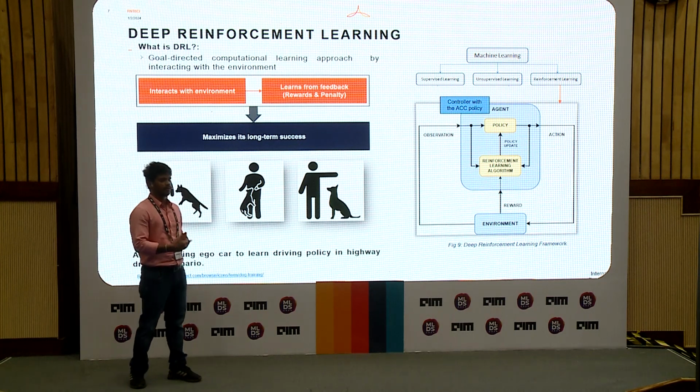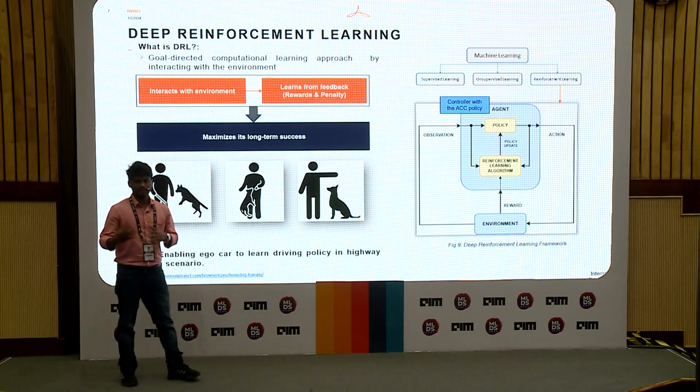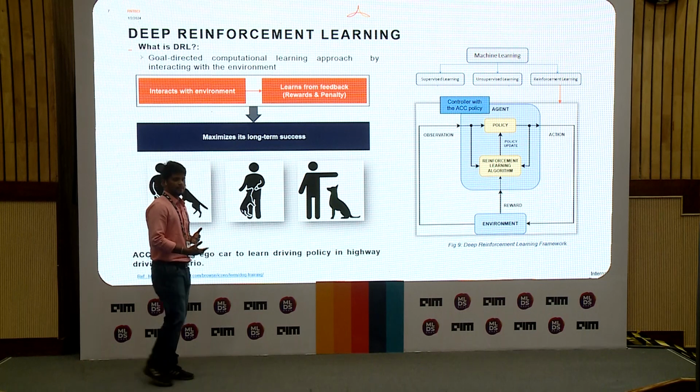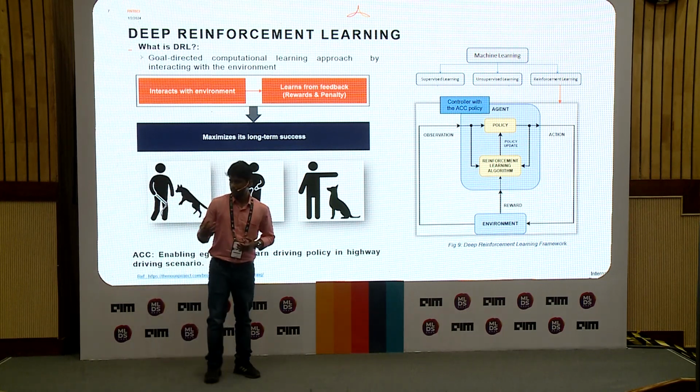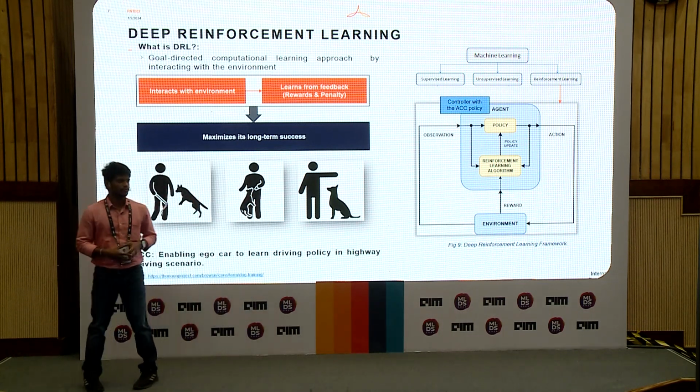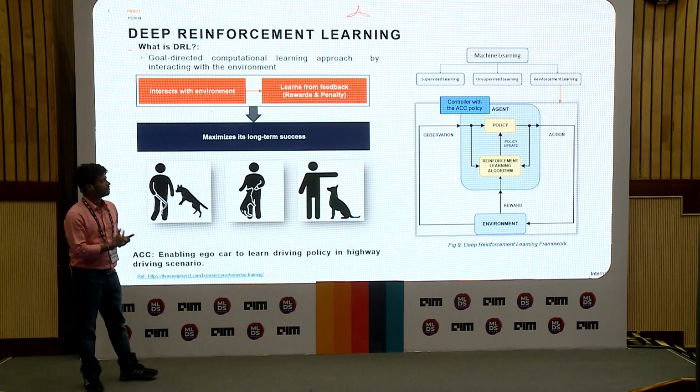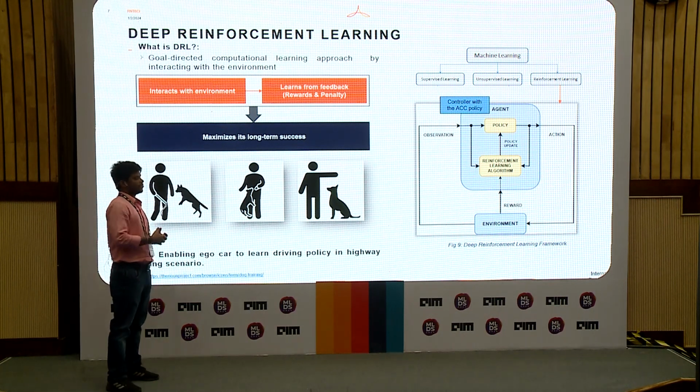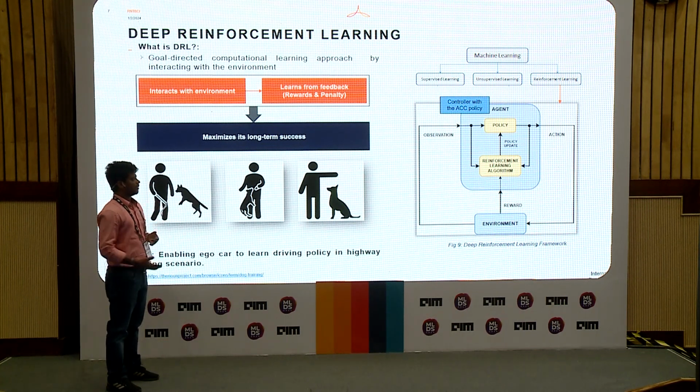When we fall, we experience pain, which is a kind of penalty. And when we ride for a long time, we get some dopamine, which is the positive reward for us. That is how the evolution of the brain happens from our young age till now.